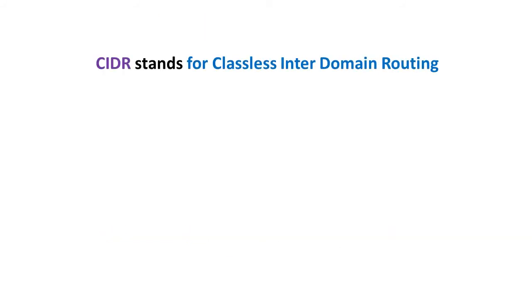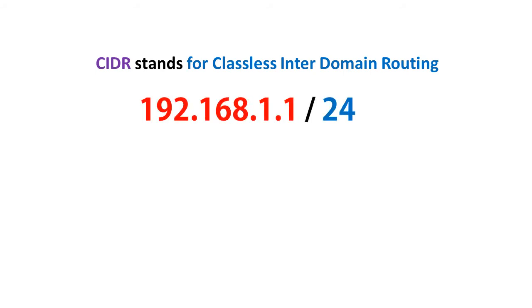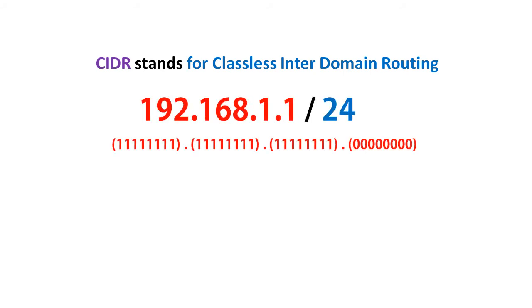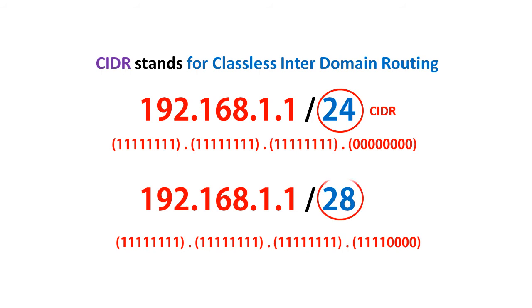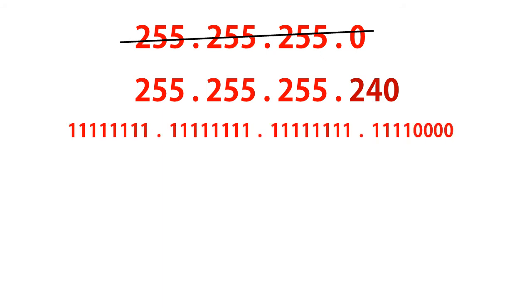CIDR stands for classless interdomain routing. It is used to identify the network bits that are allotted for a given IP address regardless of any class category of network. The new subnet will be as follows: 255.255.255.240, because 4 host bits are leased out for network addressing.